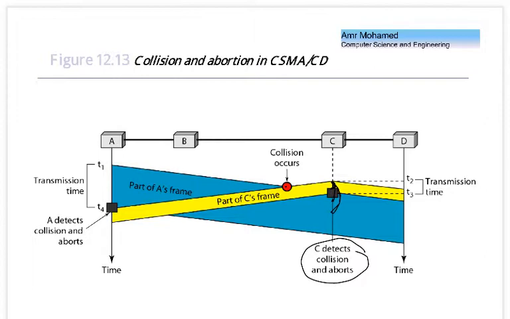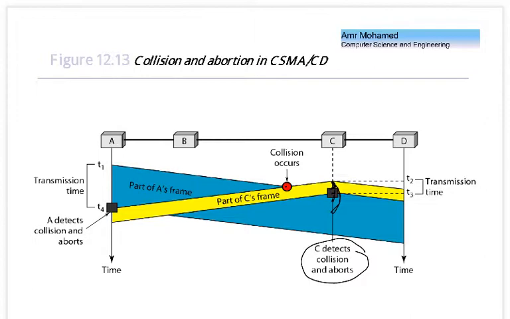And that's good, because then C will detect the collision before it finishes transmitting the frame. At T3, it will abort transmitting the frame. It's sending bit by bit, the analog signal, and then it cuts out the transmission.